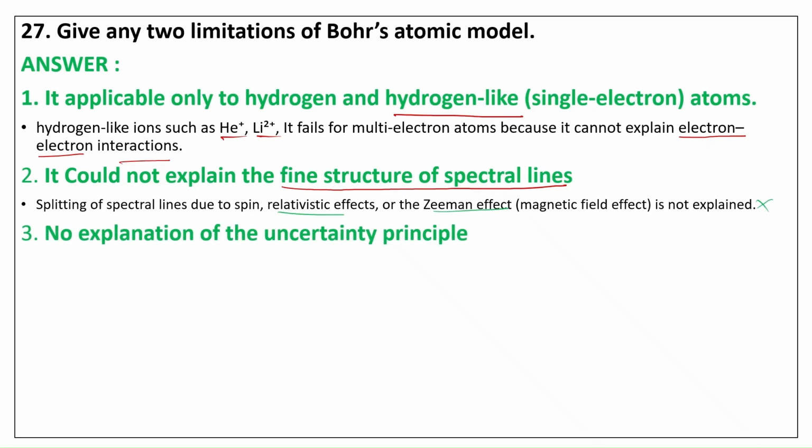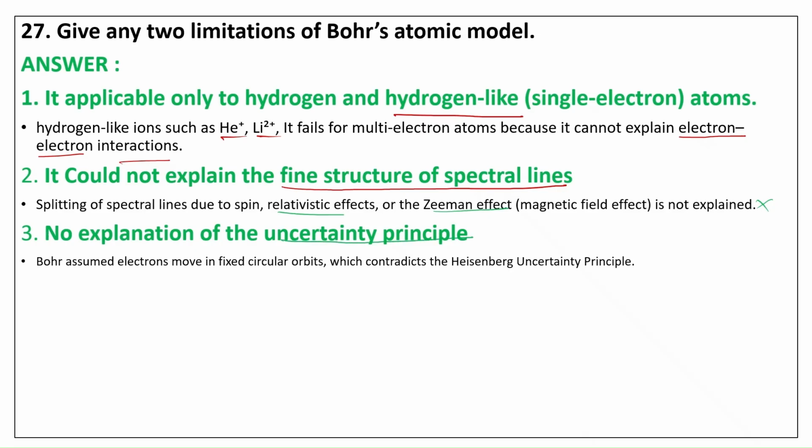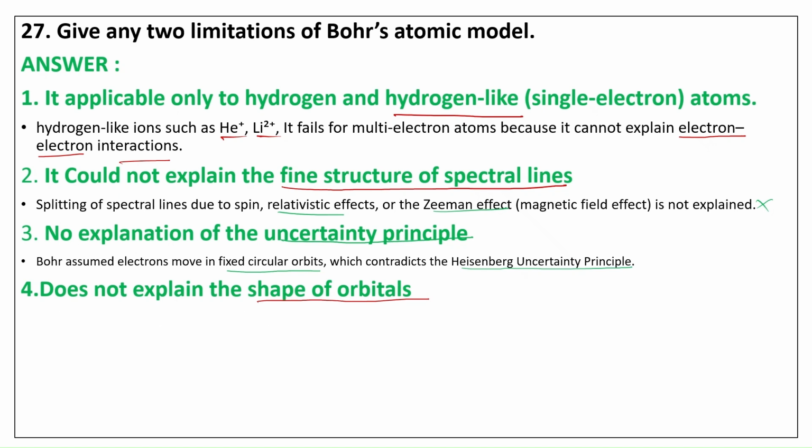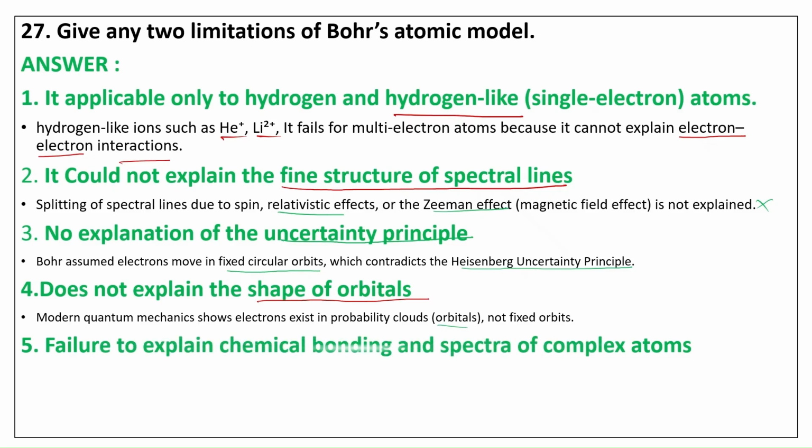3. No explanation of the uncertainty principle. Bohr assumed electrons move in fixed circular orbits, which contradicts the Heisenberg uncertainty principle. 4. It does not explain the shape of orbitals. Modern quantum mechanics shows electrons exist in probability clouds, orbitals, not fixed orbits. 5.